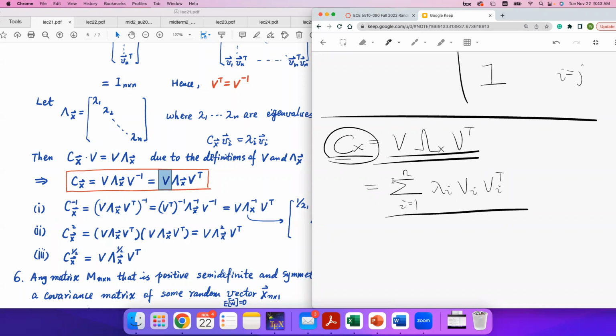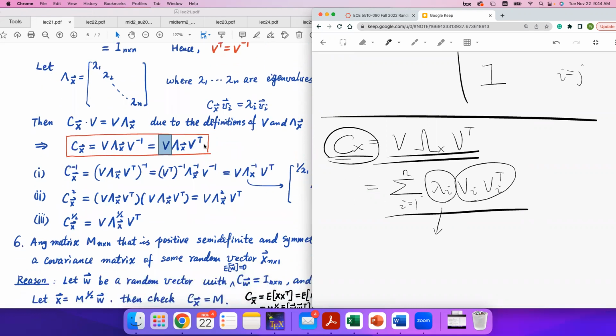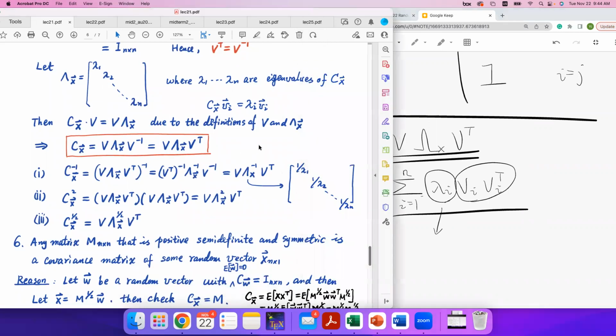This matrix can be decomposed into a summation, where each term is the corresponding eigenvalue multiplied by a matrix formed by the i-th eigenvector multiplied by its transpose. So the eigenvalue is like the spectrum. You can think of this as a Fourier transform, where this is a Fourier coefficient and this is a basis signal. So this is a way of understanding a matrix in the way of signal processing.